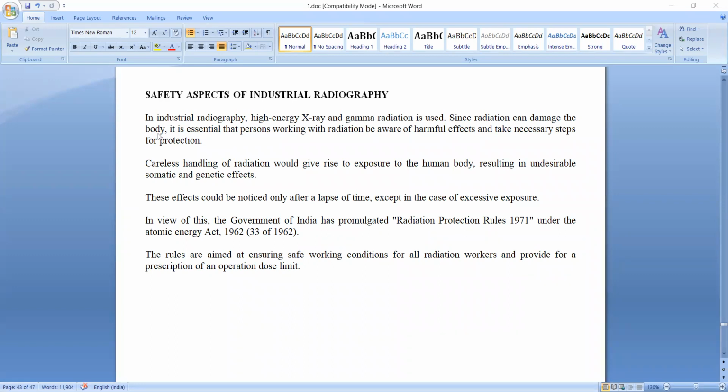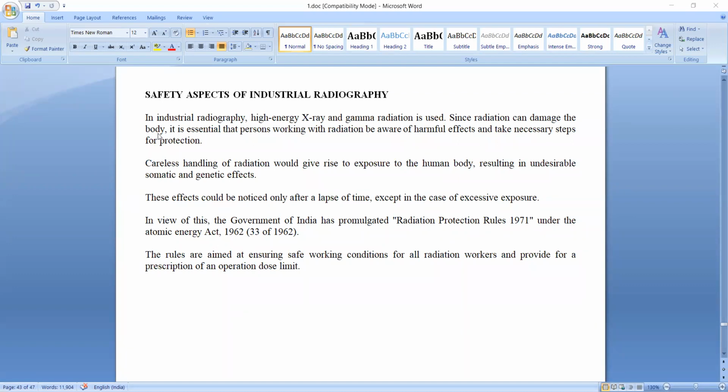But sometimes industrial radiography involves low energy radiation, and the effect we can't see immediately, but after some lapse of time we can observe the effect of this radiation. We can notice the radiation effect only after a lapse of time. That's why we should be very careful while handling radiation equipment.